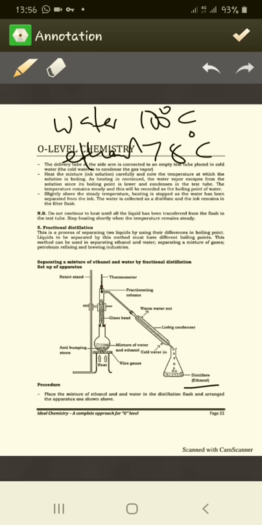Place a mixture of ethanol and water in the distillation flask, as shown above. Then you have to heat. I've told you that since ethanol has a lower boiling point, it will come out fast. It will boil fast, so its vapor will be collected here. And that means water, which has a higher boiling point, will remain in the distillation flask.